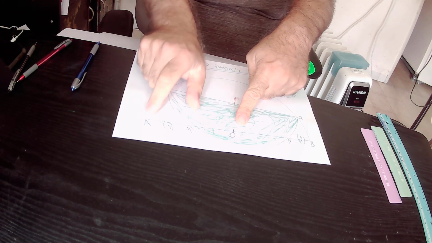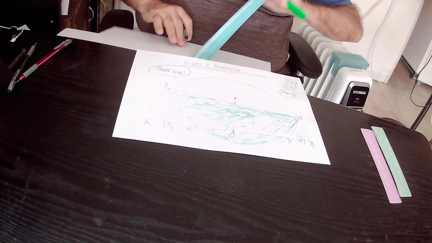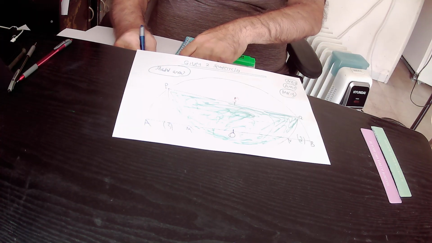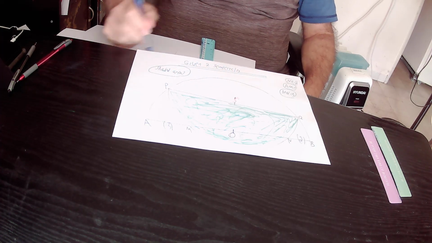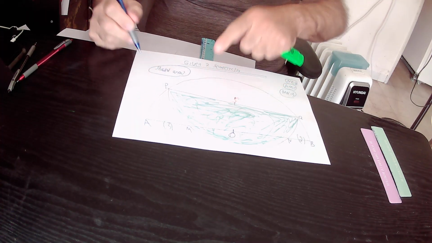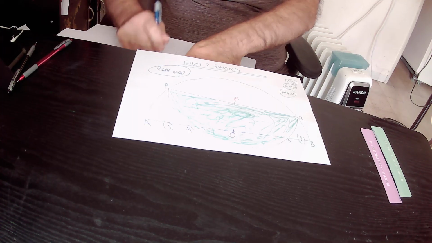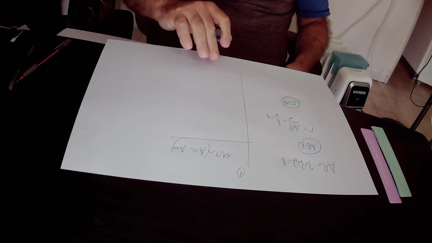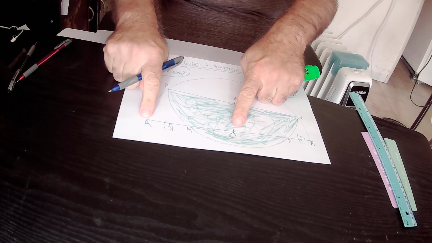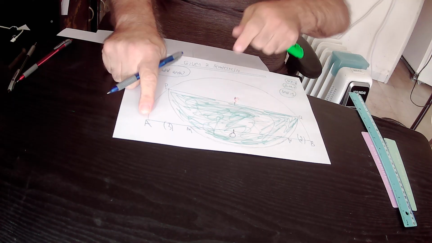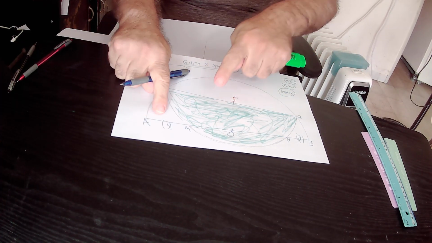MO equals AO minus AM. So MO equals AO, the radius of this big semicircle, which is 4, minus AM, which is 3.